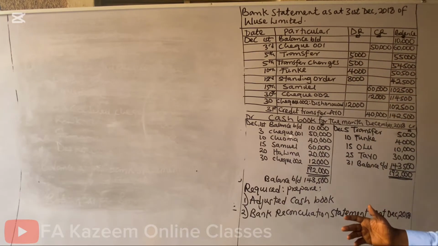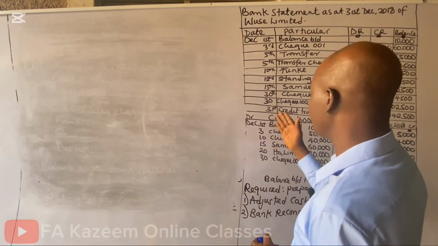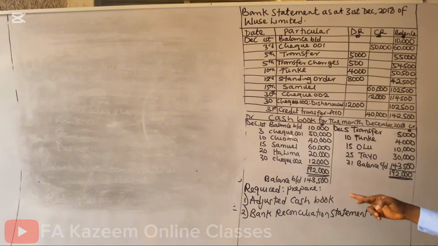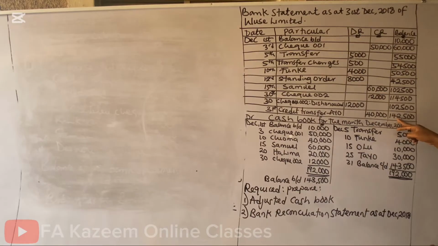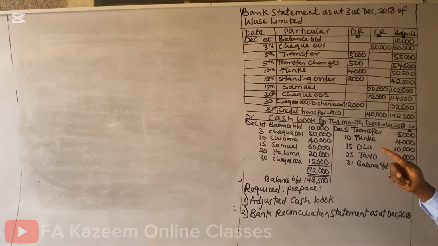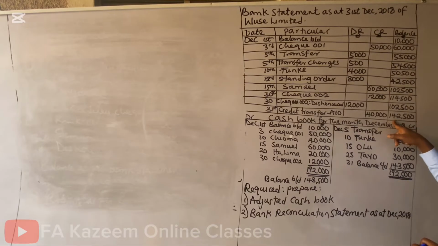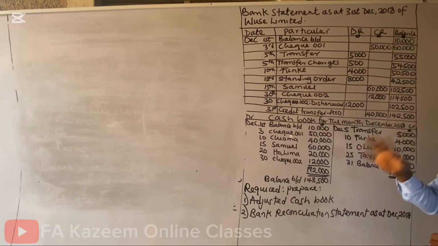Now, what is this telling us? In December, from December 1st to December 31st, the bank balance is showing 142,500. What this bank statement is telling us is that the amount of balance that Wuse Limited has with this bank is 142,500.